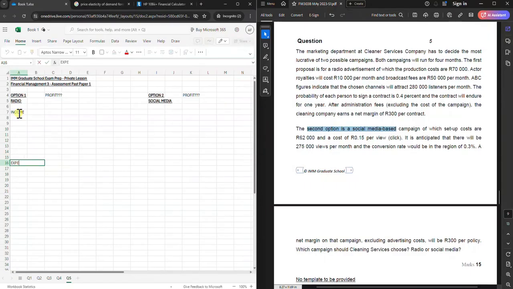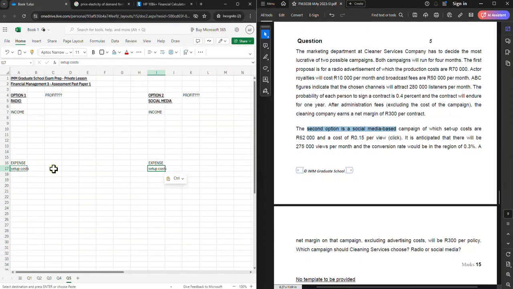Perfect. I want to hit expenses first because it's the one that hits me in the face. For the radio, one of the biggest expenses is production costs at 70,000. For the social media, the setup costs are 62,000. So for radio, it's 70,000, which is the production cost.